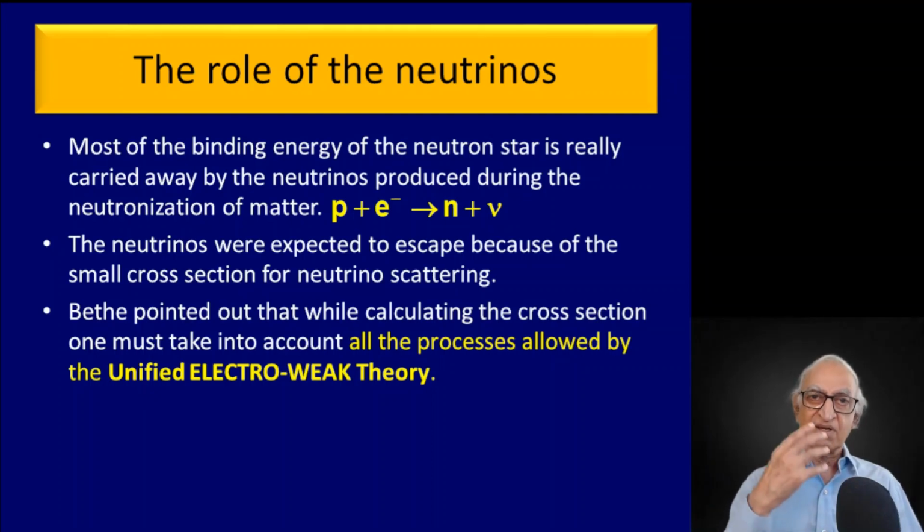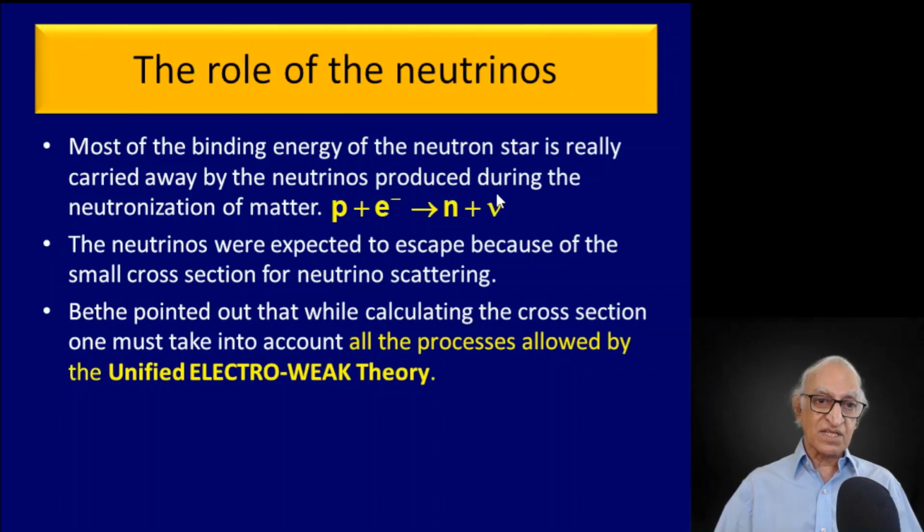Please remember, the theory of beta decay was first discovered by Enrico Fermi in 1934, and that is shown over there. Neutron decays to a proton, electron, and an electron antineutrino, or proton absorbs an electron and turns itself into a neutron and a neutrino.